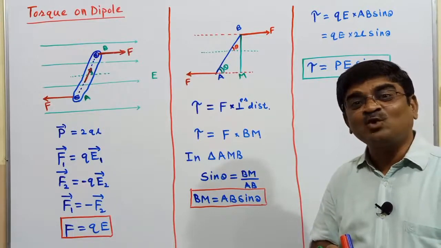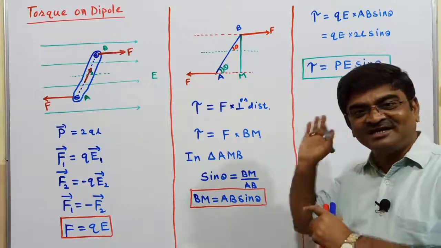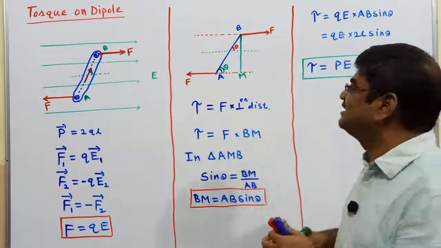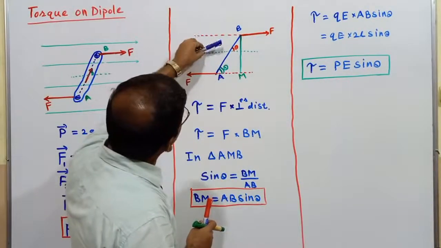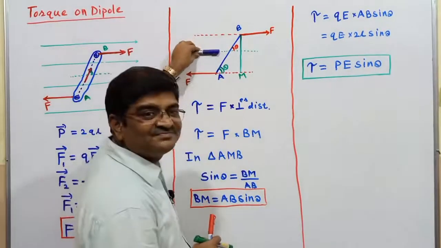Can you visualize? Qualitatively, you can get it. See here, theta is 0, what is going to happen? This dipole is going to become parallel to the intensity.